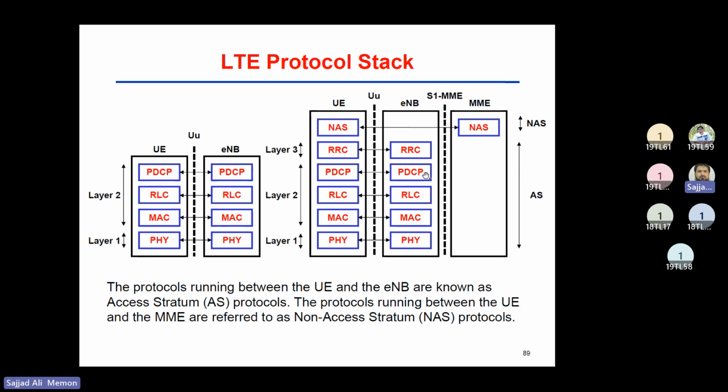So these are your access stratum protocols and these are your non-access stratum protocols. The protocols running between user equipment and the E node B are known as the access stratum protocols. And the protocols between user equipment and MME are referred to as the non-access stratum protocols.